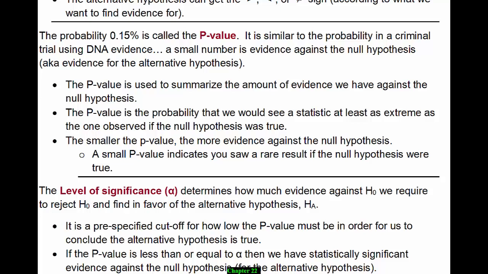Now, how do you know how low the p-value has to be in order to say, okay, we have enough evidence against the null hypothesis that we're going to say we don't think the null hypothesis is true, and we think our research hypothesis is true? When you need to make a decision based upon your p-value, you're going to want to use a level of significance, alpha.